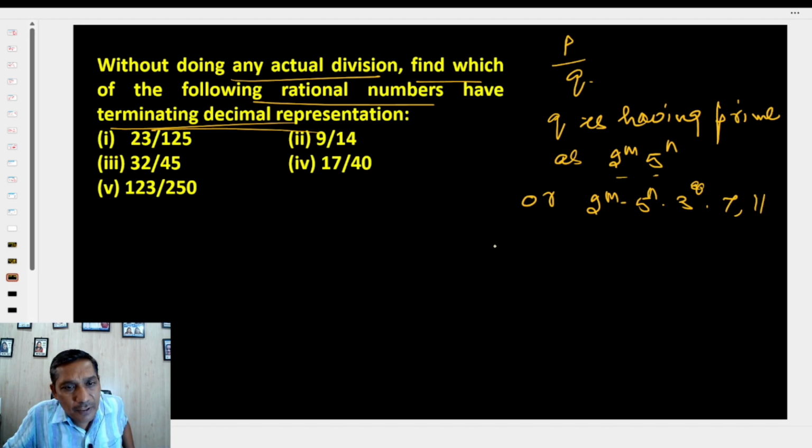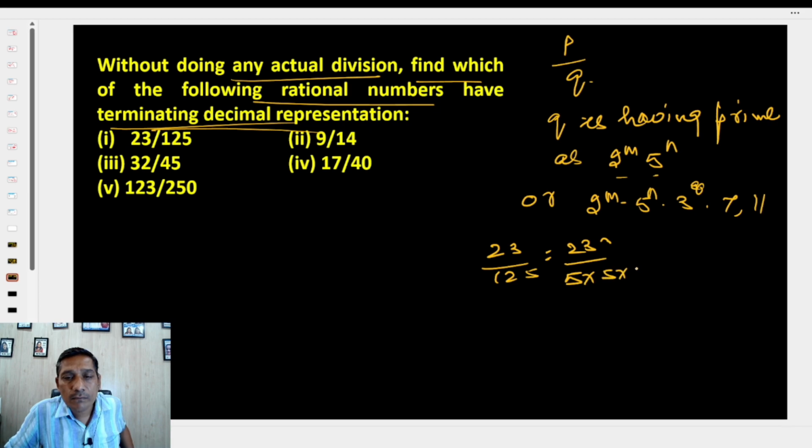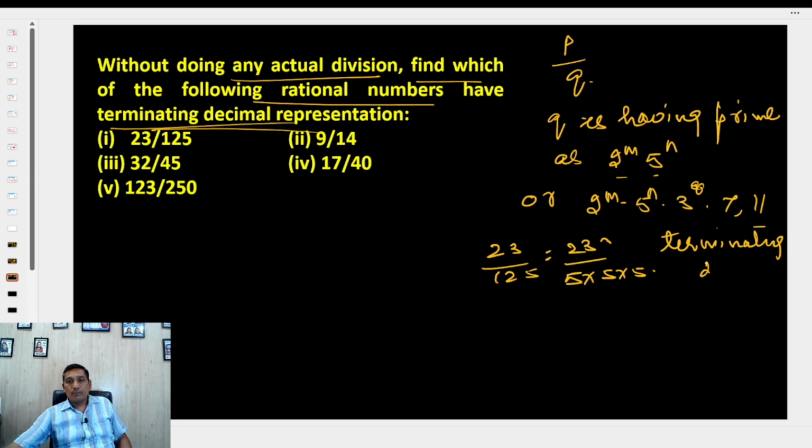So I tell you example. 23 upon 125 is 23 upon 5 into 5 into 5. It is going to be terminating decimal, right?